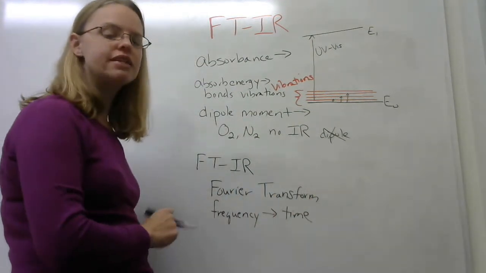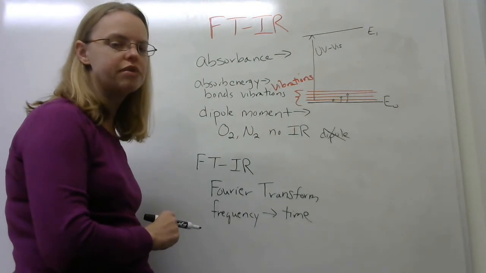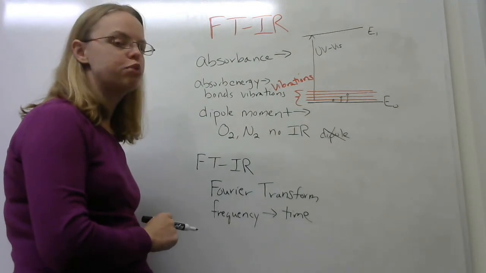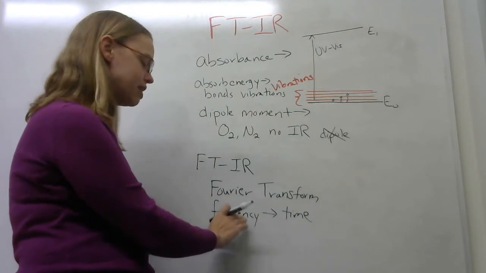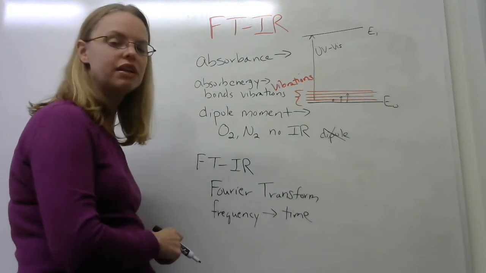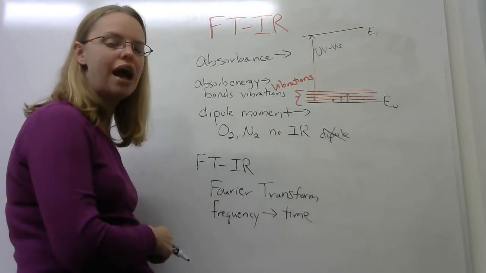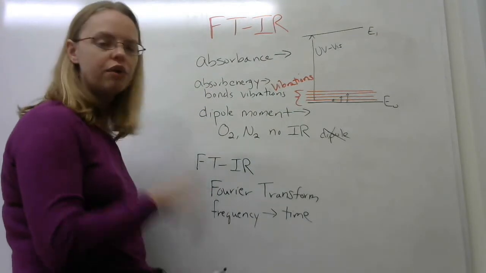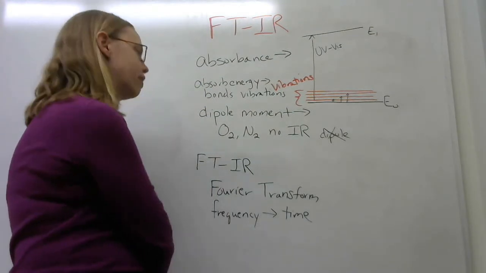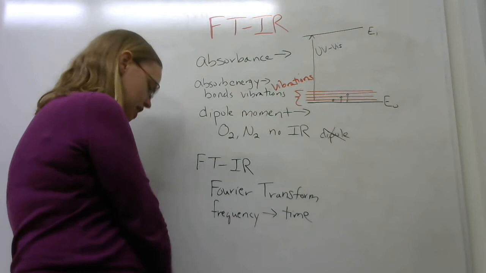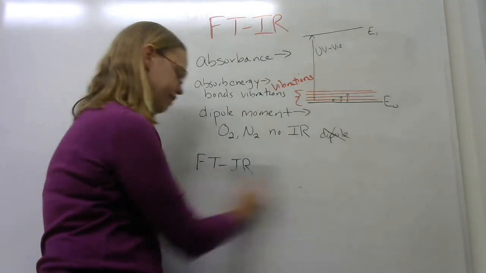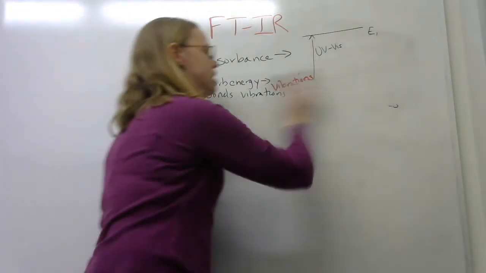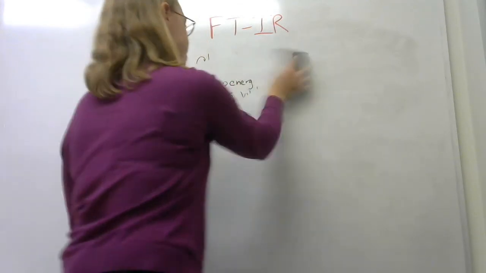And so instruments that have Fourier transforms in them tend to be fairly precise because it's easy to measure things specifically in the time domain and then go back and forth to the frequency domain. We're not going to spend a lot of time on the FT part today. So let's look under the hood of an FTIR for a minute and discuss what's in the instrument.